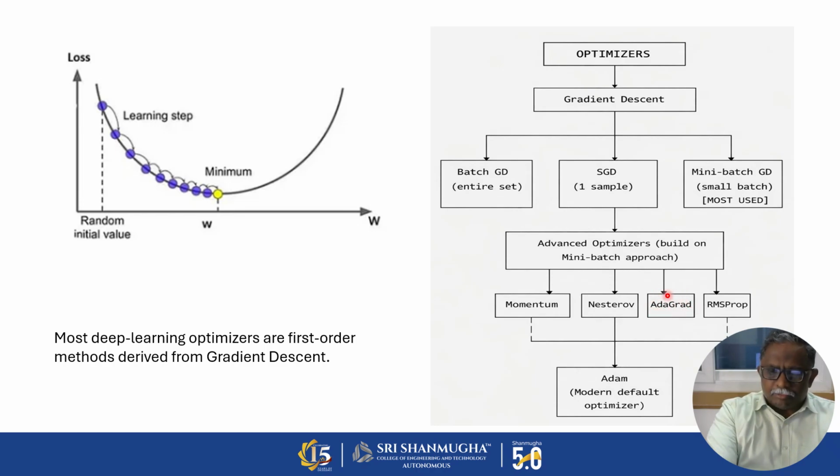Here everything is fixed, but in this case it is going to be updated. That we are going to see in the forthcoming slides. When you combine momentum and root mean square propagation, we get a new optimizer, the Adam optimizer. This optimizer is widely used for real-time applications.